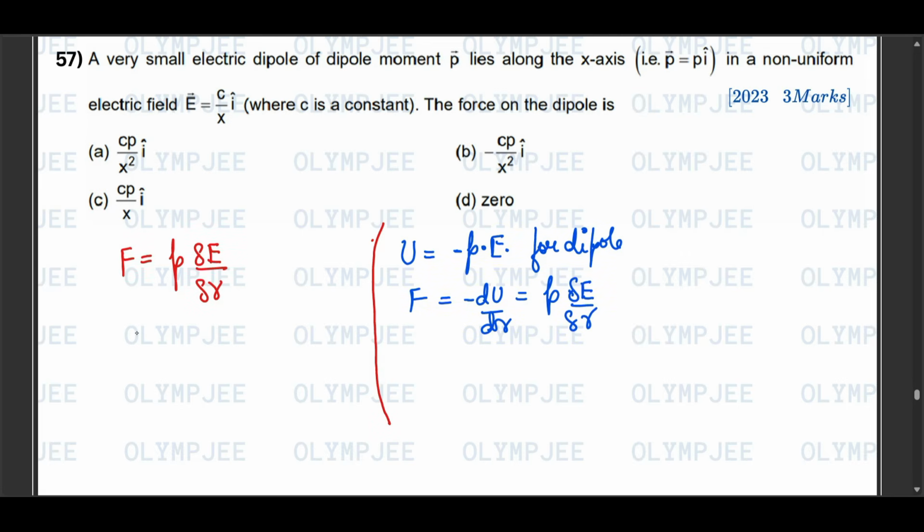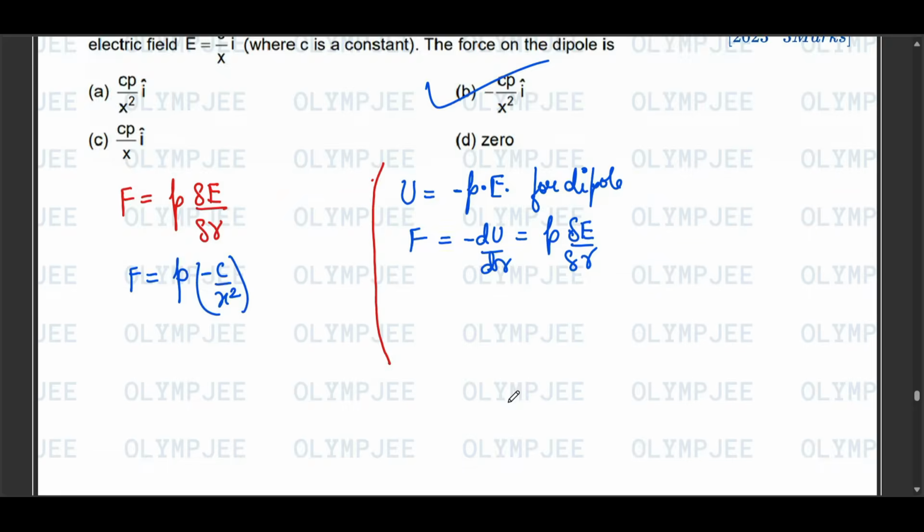So we get this formula, and it gives us the force as P times the derivative of the field, which will be minus C by x square. This is given by option B, so B is the correct answer for 57.